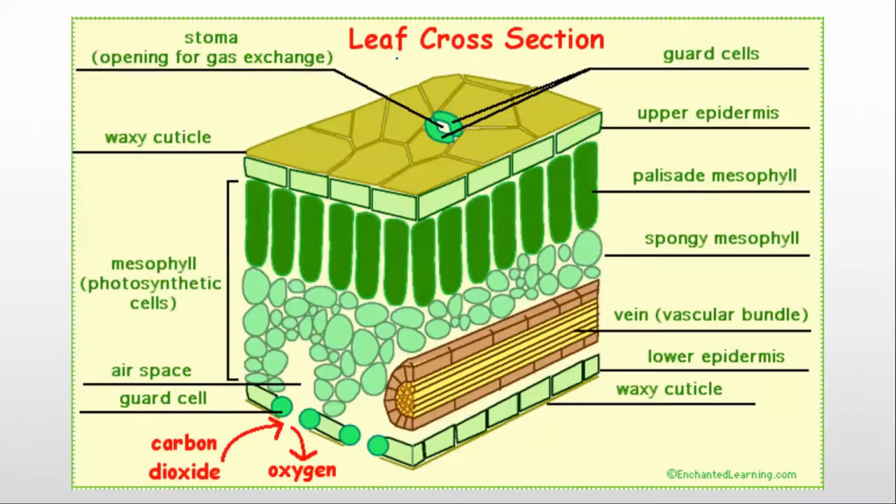This is another diagram of a leaf cross section. This is the upper epidermis, and this is the lower epidermis. The first layer we have is a waxy cuticle on top, and we have a waxy cuticle on the lower side of the leaf as well. On the upper side we have the upper epidermis, and on the lower side the lower epidermis.